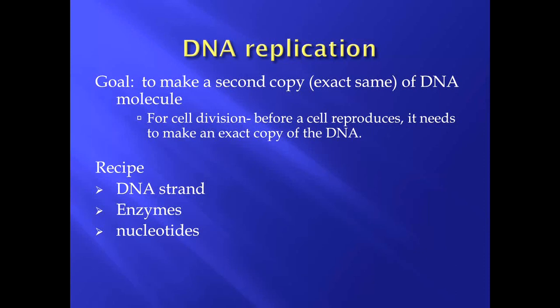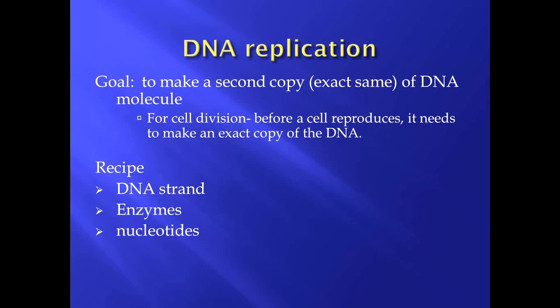Now, when would we be doing DNA replication? As I suggested in the previous video, whenever we grow new cells, whenever they divide by mitosis, which we will see coming up soon, we'll need to copy the DNA so that we have a copy for each of the new cells.